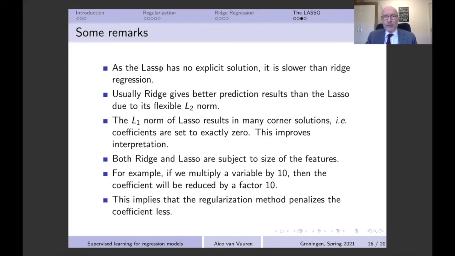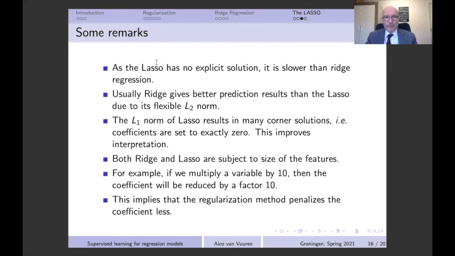That, of course, doesn't mean that you have to wait days or maybe even years to get a reasonable result from the lasso. Lasso nowadays goes pretty fast, so if you can wait for that, then there is no problem at all. But when you have a really big data set with many, many observations, many features, and time is your issue, then it might be good to consider ridge regression rather than the lasso.